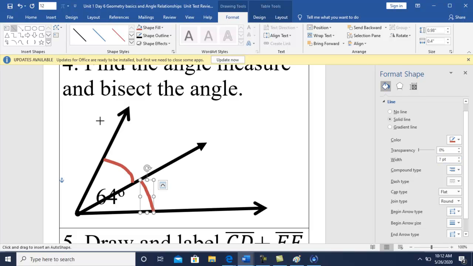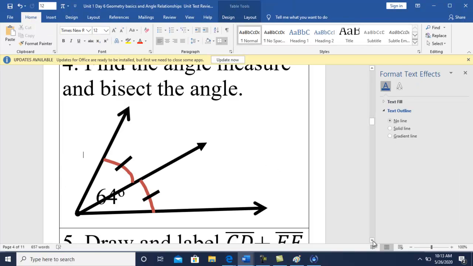And then we have to make a mark here to tell the reader that this angle is congruent to the other. One more tick mark right here. And make that a little bit bigger. Okay, so that's number 4.